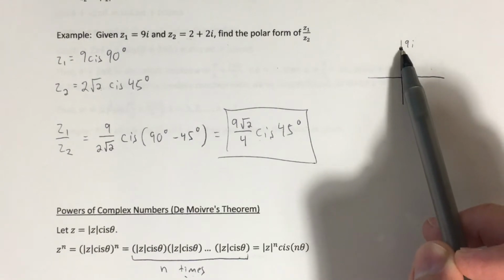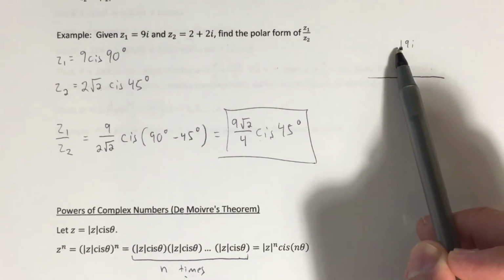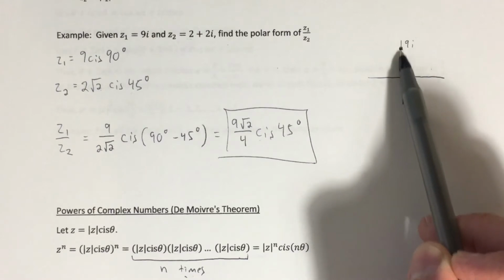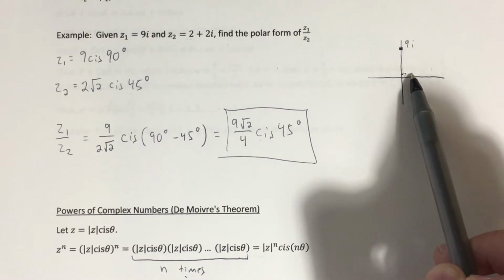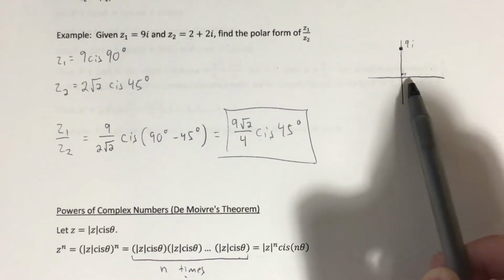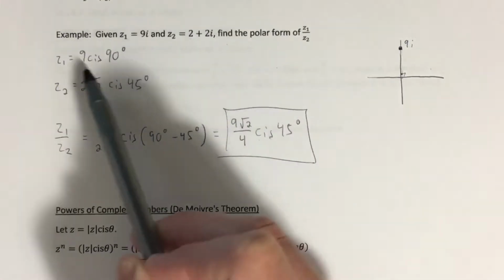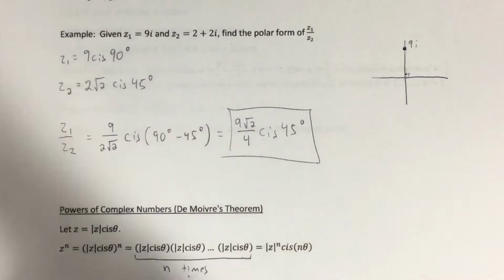And I can see, because it's on this axis, this would be 9 units away from the number 0. In addition, because it's on the positive imaginary axis, that's going to form a 90-degree angle with the positive real axis. So the argument here would have to be 90. 9 cis 90 for z1.